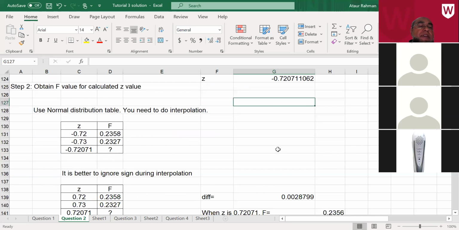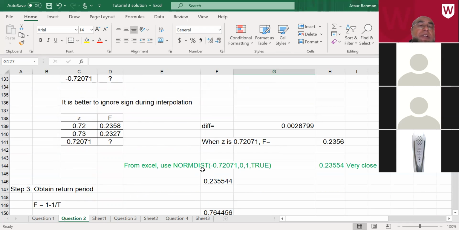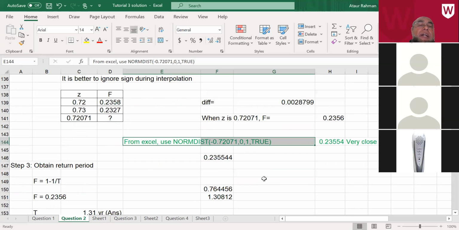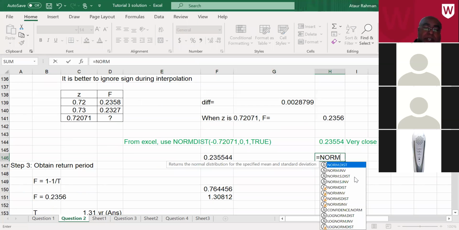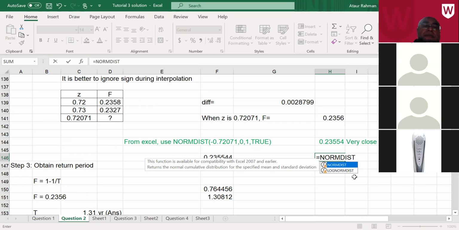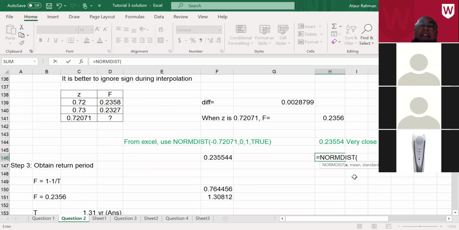That is all right, we can do it, but we can also do it from the normal distribution, using the function NORM.DIST. We write the Z value that we are interested in, 0.7207, and our scale is 0 to 1, and the argument of the equation is TRUE.